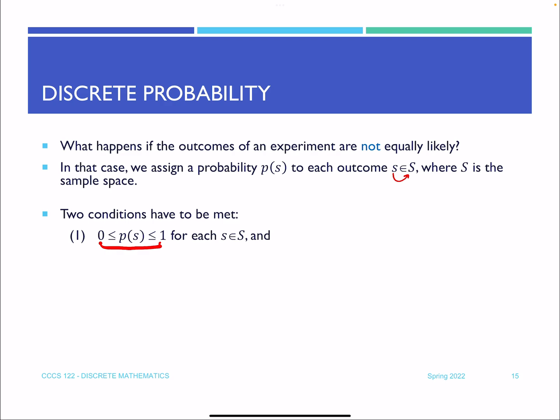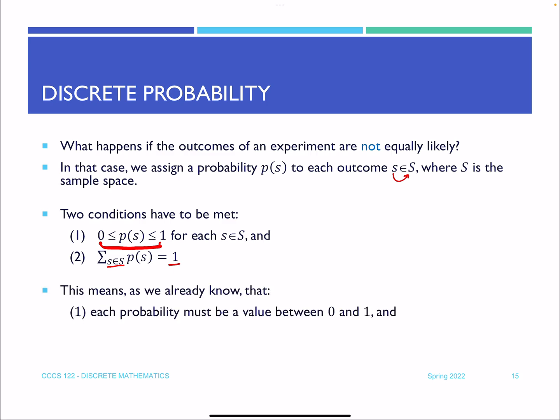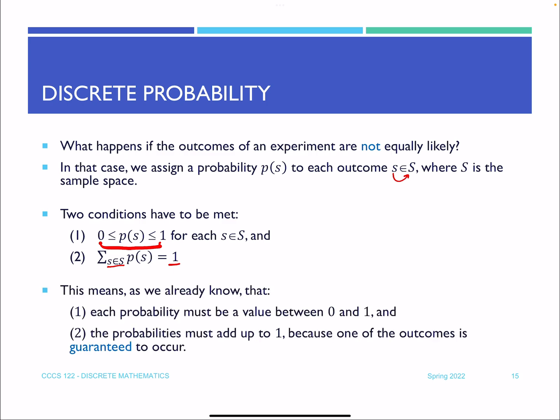Negative values make no sense. The second condition is that the probabilities of all possible outcomes added up together have to add up to nothing other than 1. So each value must be between 0 and 1, and the probabilities must add up to 1, because an outcome is guaranteed to occur.